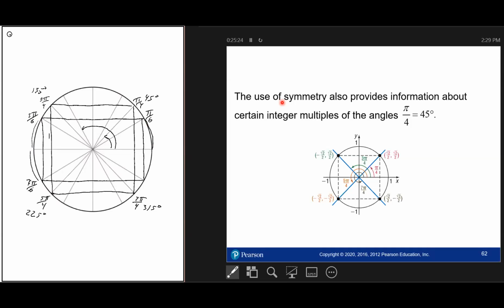And so this is 30 degrees, and this is 150 degrees, and this is 210 degrees. And this one over here is 330 degrees. Right? This is 30 more than 0. This is 30 less than 180. This is 30 more than 180, and this is 30 less than 0, or 2 pi.